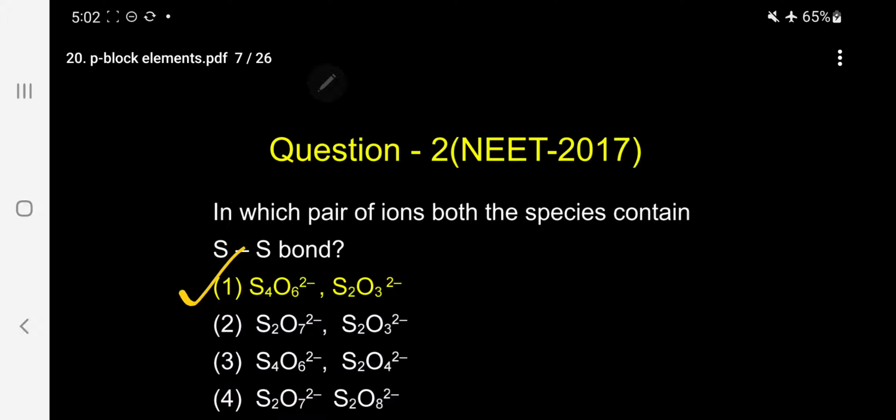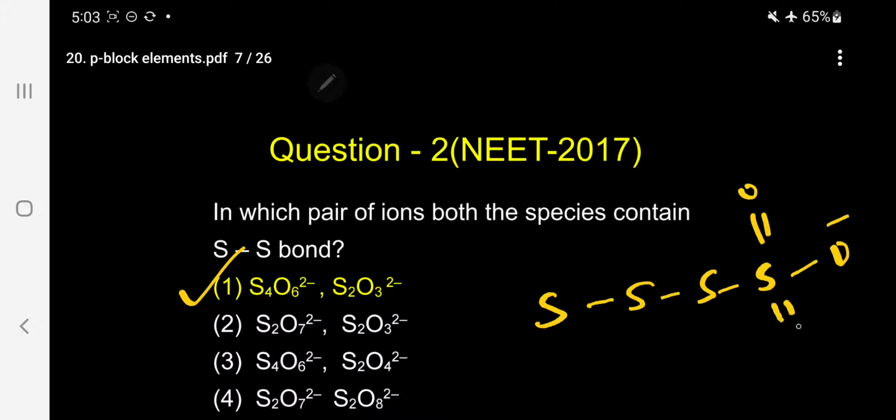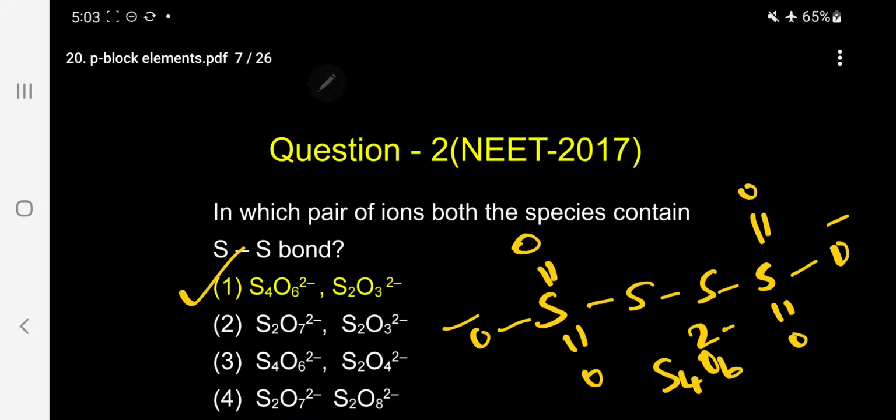Let me write the structure, kindly follow. What is the structure here? S double bond O, O minus, double bond O, and again O minus. This is the corresponding S4O6 2 minus. So we are having S-S bonds here and here.